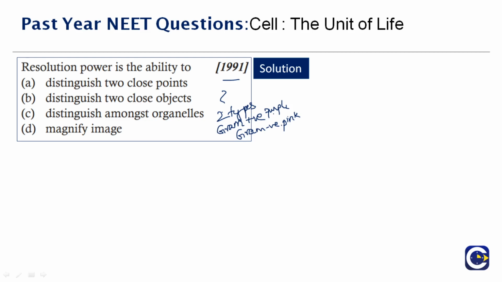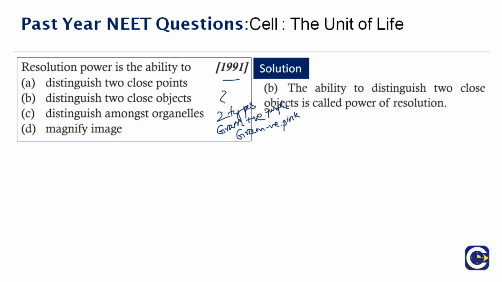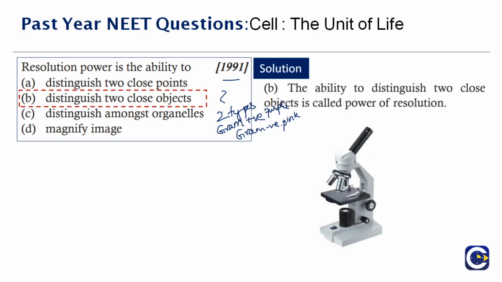This distinguishing happens because of the wavelength that the microscope will absorb from the visible light. Therefore, resolution power is the ability to distinguish two close objects. The correct answer to this question is option B, distinguish two close objects.